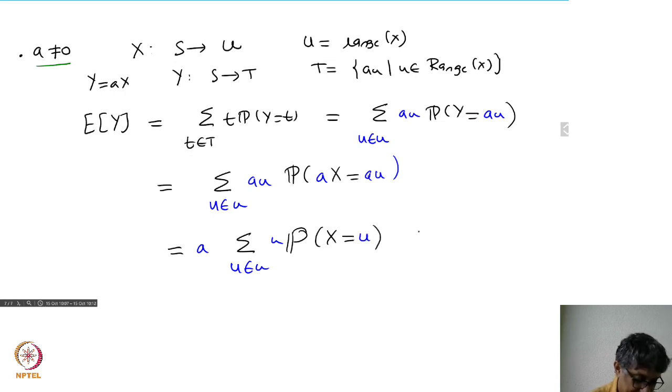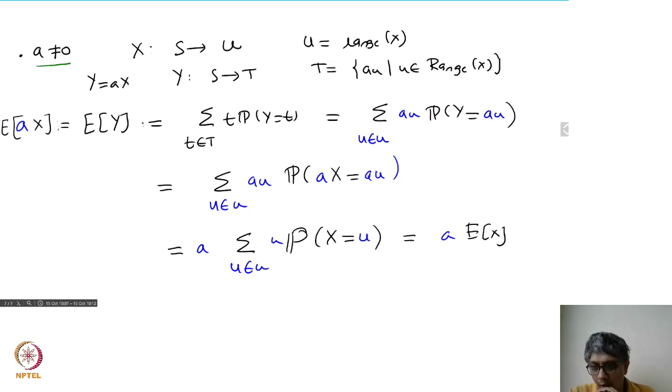And that's just a times... So this equality actually shows that that's just a times E of x. And if you observe, we start off with just a times x expectation, excuse me, was just this simple proof.